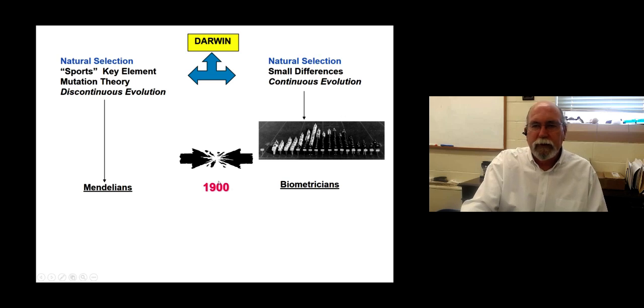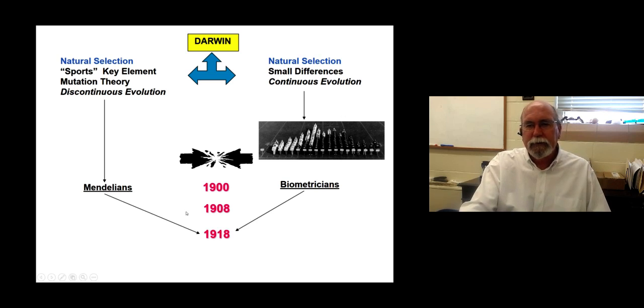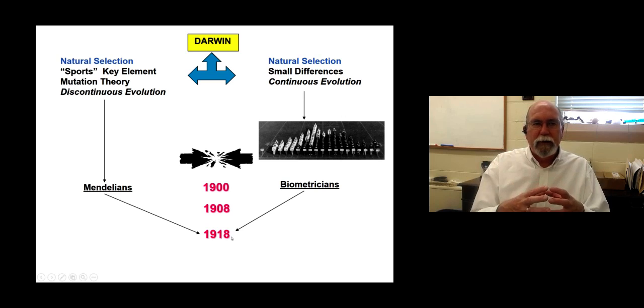Well, of course, in 1900, Mendel was rediscovered, and we'll talk more about that later. And Mendelian ideas came to the forefront. In about 1908, we're going to see that a very important event occurred that helped move the Mendelians forward. But actually, it wasn't until 1918 that these two groups could coalesce.